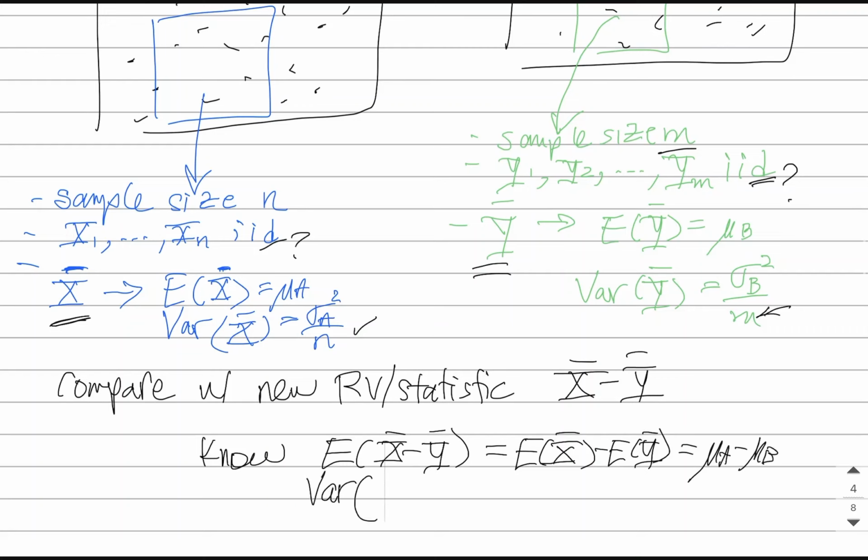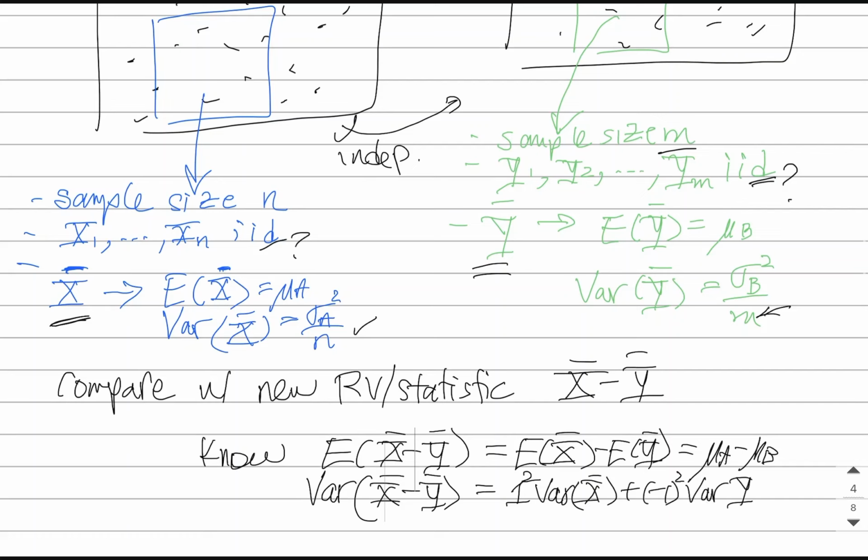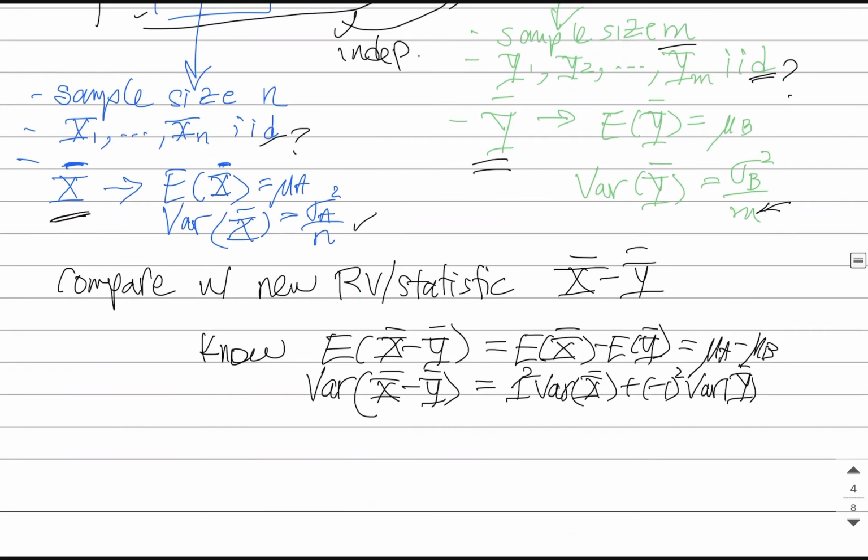And if we were to take the variance of the difference, because we know that each one of these is independent of each other, so the two samples are independent, not paired, this is going to end up being 1 squared times the variance of x bar plus negative 1 squared times the variance of y bar. And from the work we just talked about, this is going to end up giving us sigma A squared over n plus sigma B squared over m.